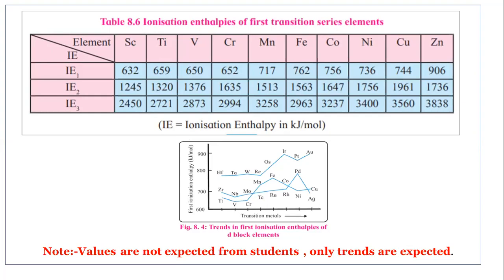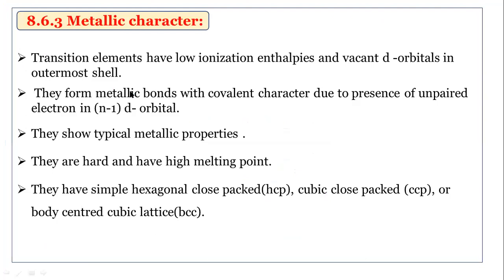In 11th standard also we discussed these ionization energy trends in case of group 13 and group 14. Then this metallic character will not be asked for the examination; it is for understanding purpose why transition elements show metallic character, because they show all the properties of metals: malleability, ductility, good conductor of heat and electricity.